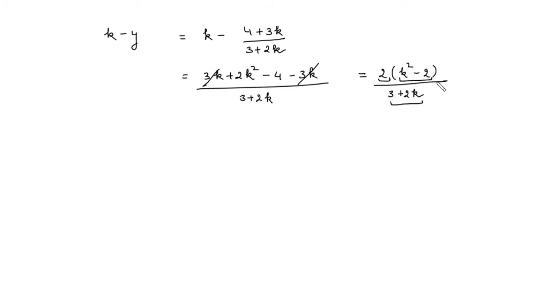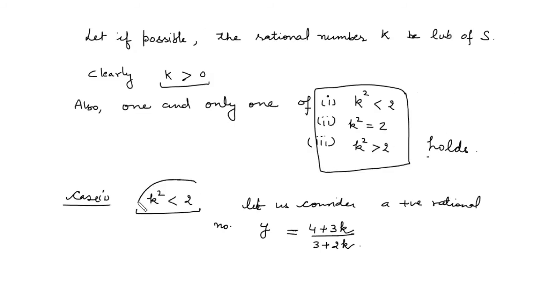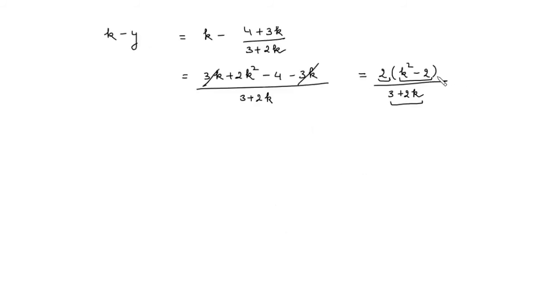What about this? Your k squared is less than 2. So k squared minus 2 will be negative, yes, it is less than 0. So the whole number will be negative. So this implies that k is less than y. Further, what will be your 2 minus y squared?